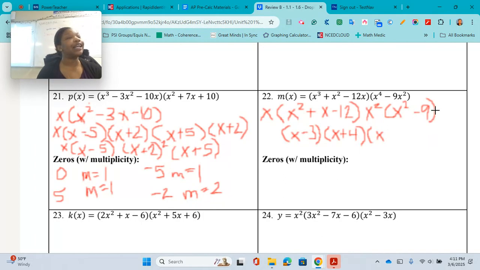Remember we did that whole problem out, so I showed you that we could cancel out that middle term. I know that positive 3 times negative 3 equals negative 9, and positive 3 plus negative 3 would give me 0. So that is the difference of squares, x plus 3 and x minus 3.